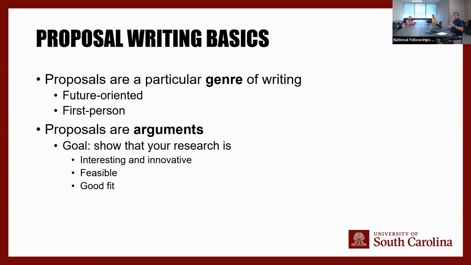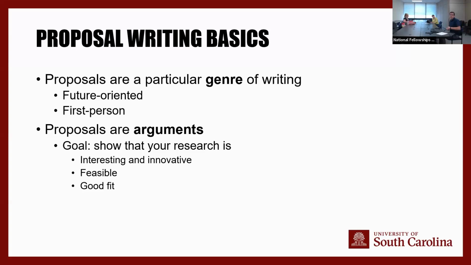This is probably a little bit less unusual especially for people in humanities disciplines, but for people who are more on the science side of the social sciences, proposal writing is oftentimes a first-person genre here, because these types of opportunities are about investing in you and about demonstrating your preparation and qualifications for a particular project.